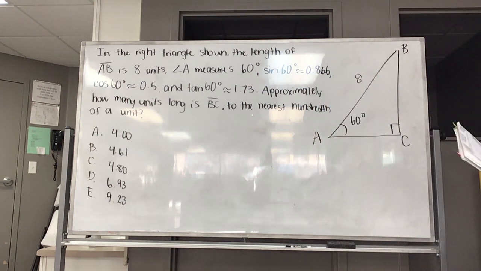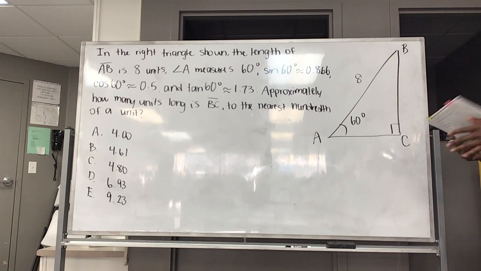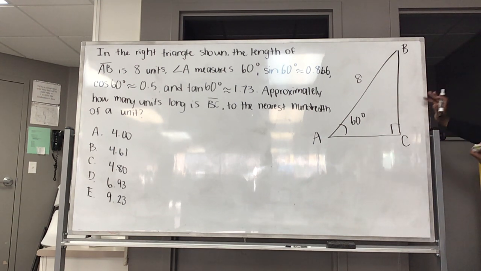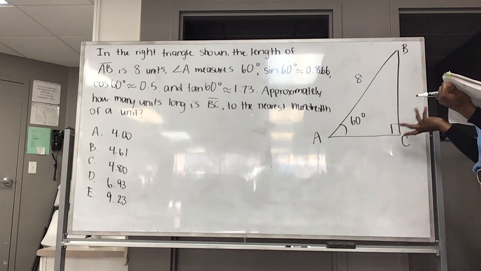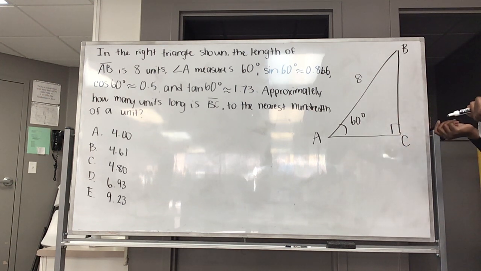So hopefully you can see all of that, but I'll read it aloud just in case you can't see it, in case there's glare or something. In the right triangle shown, the length of AB is 8 units. Angle A measures 60 degrees. Sine of 60 degrees equals 0.866. Cosine of 60 degrees is roughly equal to 0.5, and tangent of 60 degrees is roughly equal to 1.73.